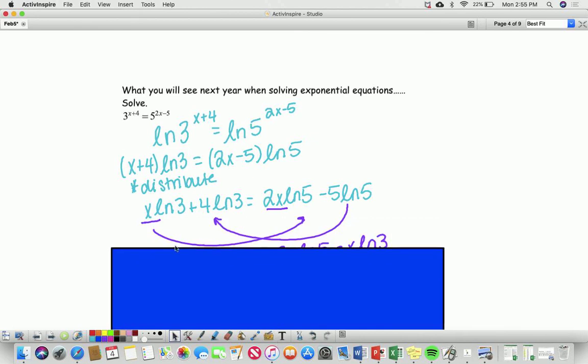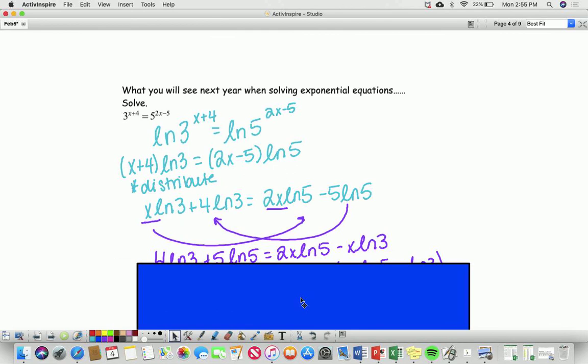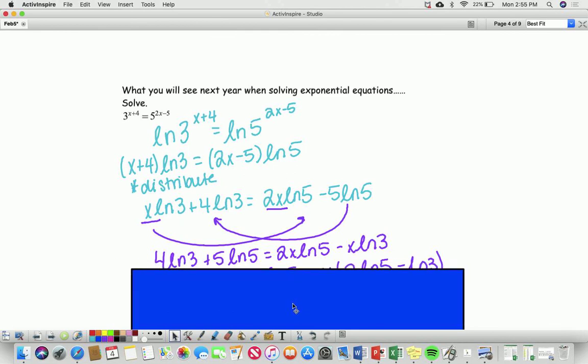I want to bring the x ln 3 over here and the ln 5 over here. So here we are. So 4 ln 3 plus 5 ln 5 equals 2x ln 5 minus x ln 3. Brought that one on over.